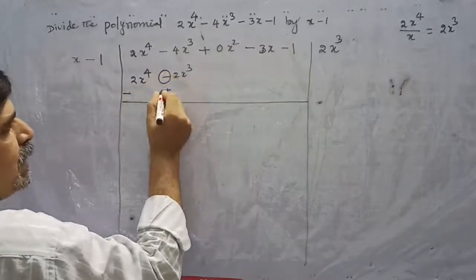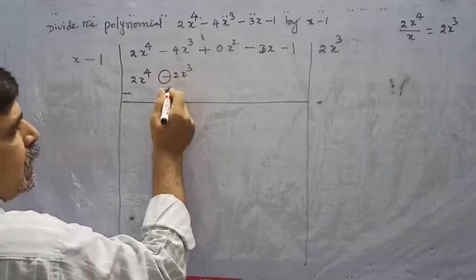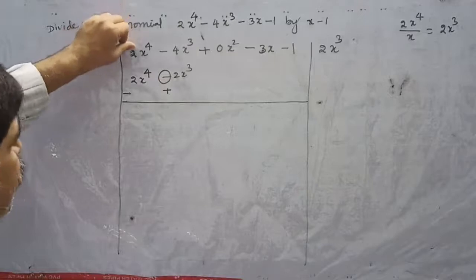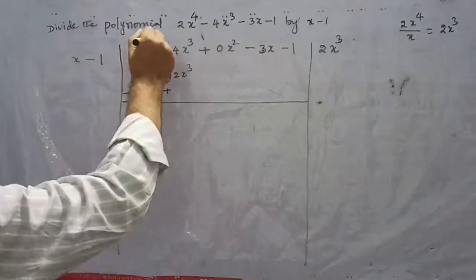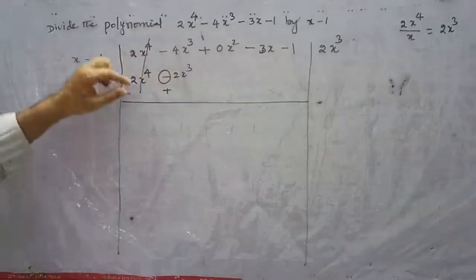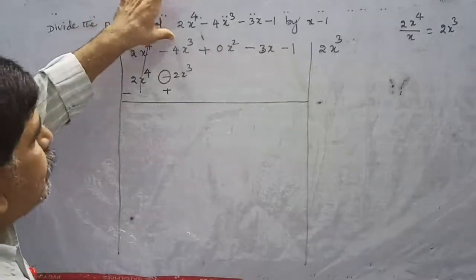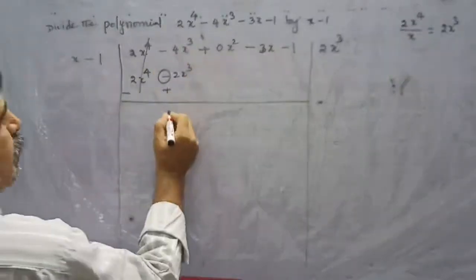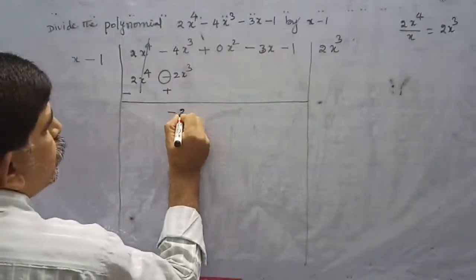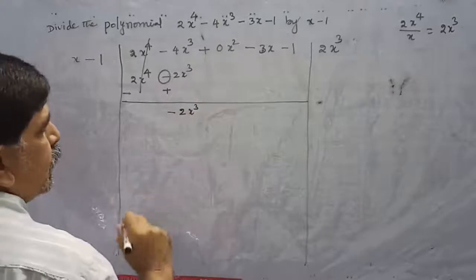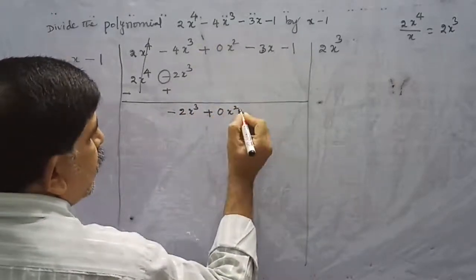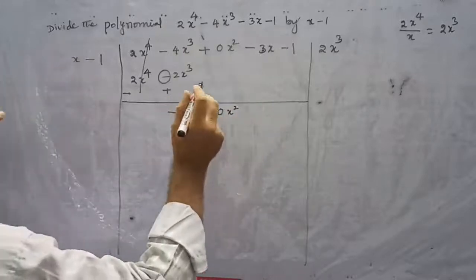Because here the minus symbol is there. So change the symbol. Then we will get plus here. Now plus 2x to the power of 4 minus 2x to the power of 4 gets cancelled. Next term. Minus 4x cube plus 2x cube. How much? Minus 2x cube. Next you write 0x square plus 0x square. Next one.